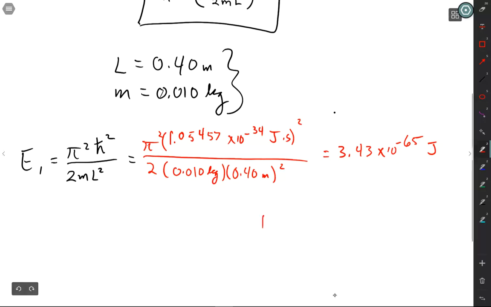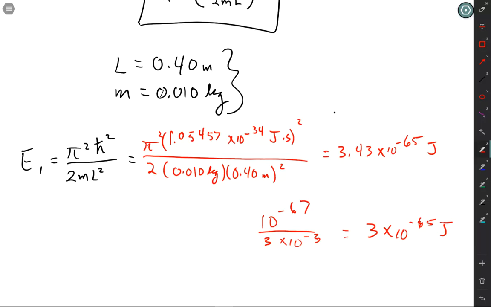So we had 10 to the minus 67 over roughly 3 times 10 to the minus 3, which is equal to about 3 times 10 to the, let's see, minus 67 plus 2, 10 to the minus 65. Yep. So just rounding, we get 10 to the minus 3 times 10 to the minus 65, which is really close to what she got.